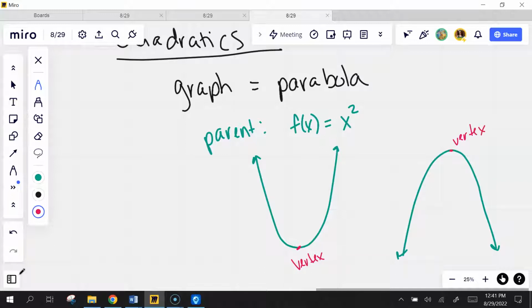That vertex is also a max or a min. In this case, it would be a minimum. In this case, it'd be a maximum. Is it relative or absolute? Absolute. What goes through the vertex? The line of symmetry, also known as the axis of symmetry.